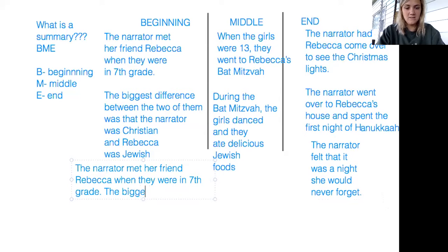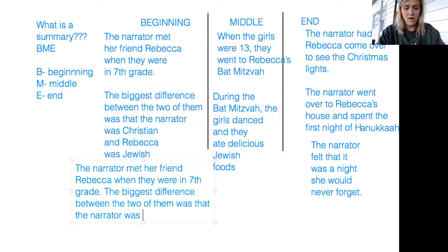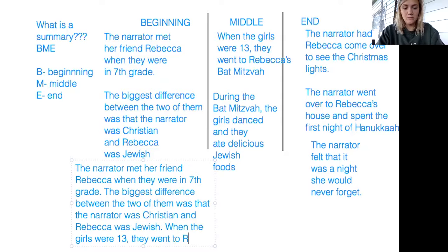The biggest difference between the two of them was that the narrator was Christian and Rebecca was Jewish. When the girls were 13, they went to Rebecca's bat mitzvah.